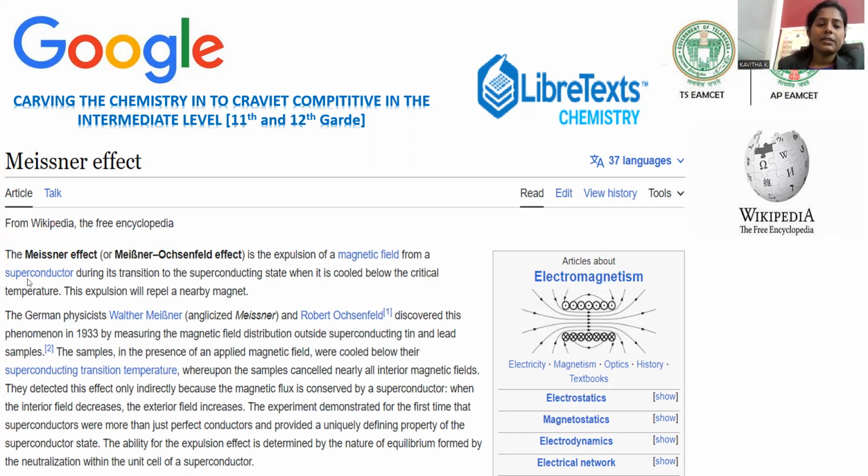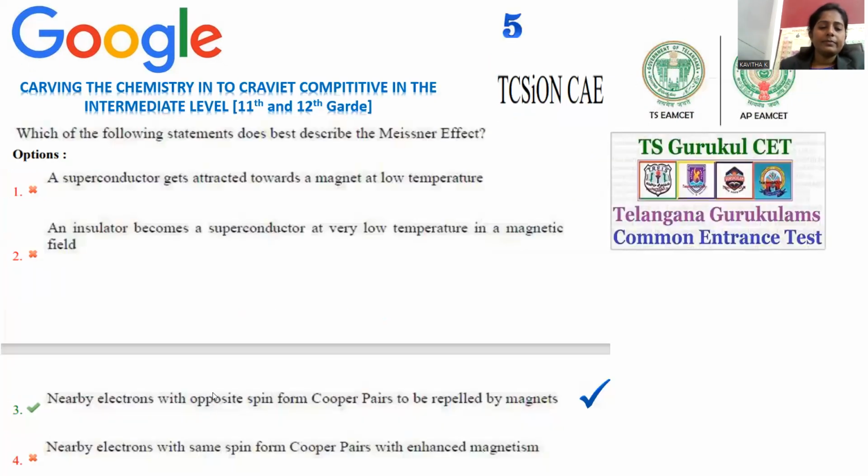In that superconductor, the devices you are using, the Meissner effect is clearly explained there. Whenever any material is taken, like copper plates, the electrons have opposite spin.